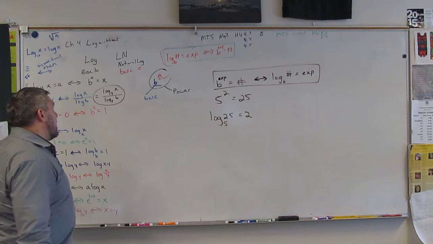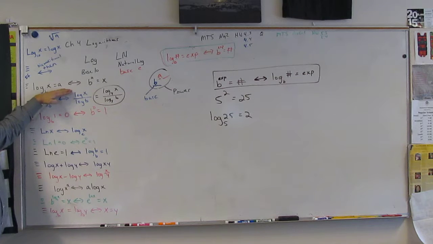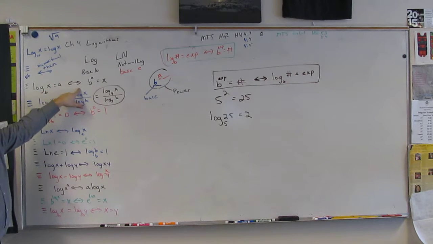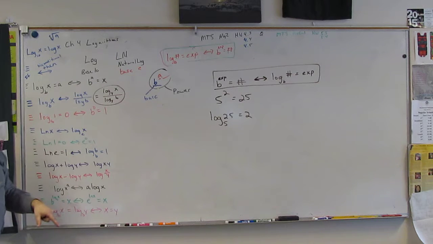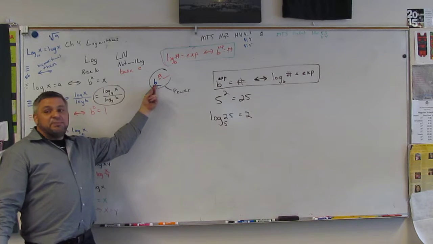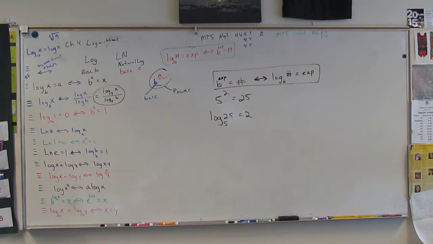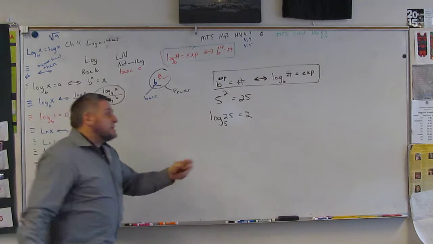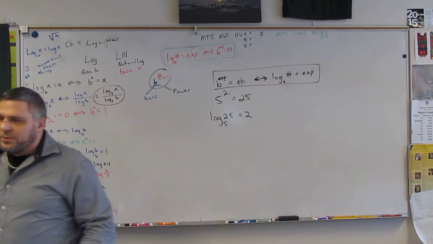Now, I showed that key earlier as this: log base b of x is equal to a, then b to the a is equal to x. And you have the base b to the a. That's how I showed it earlier. I used to show it in the past like this, and I didn't get to show it till later, when we were working on the homework already.